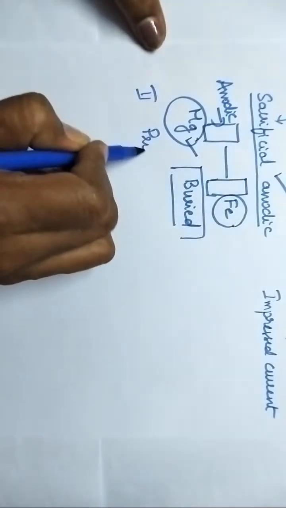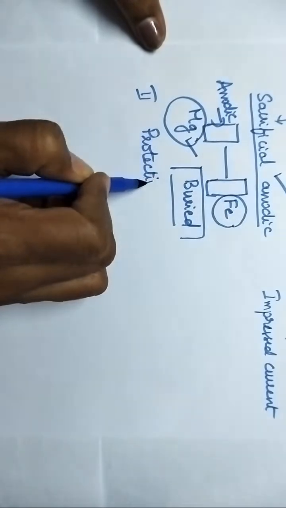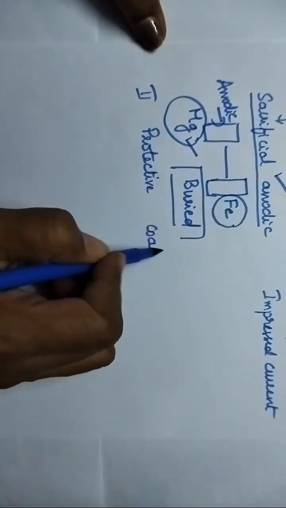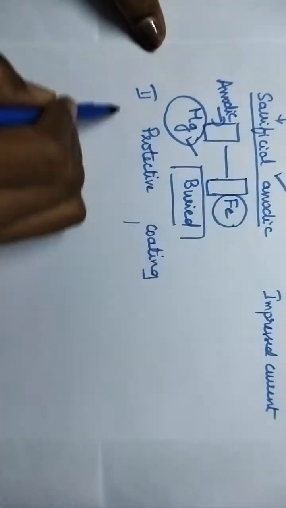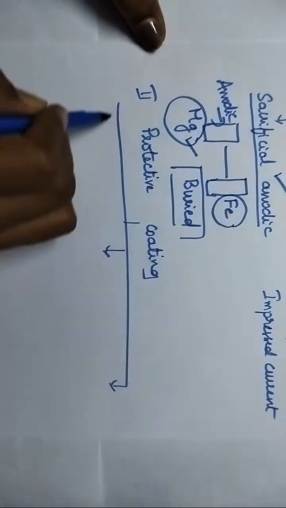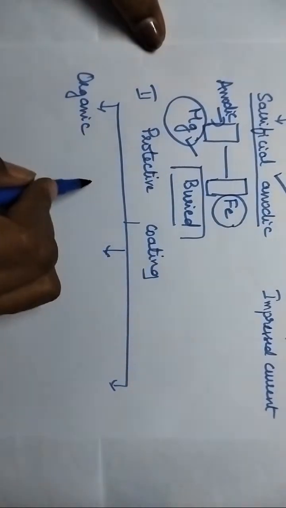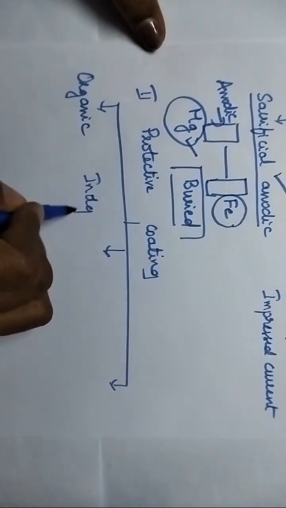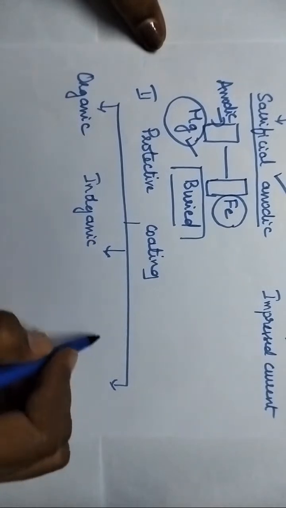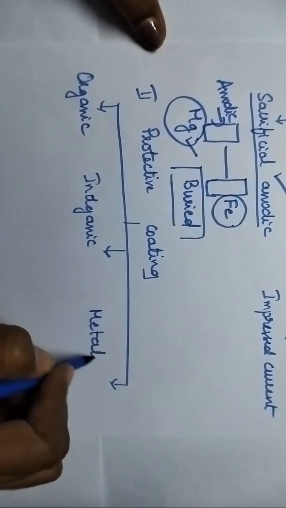Coming to the protective coatings, they can be classified into three different categories. One being organic coatings, second one is inorganic coatings, and the third one is metallic coatings.